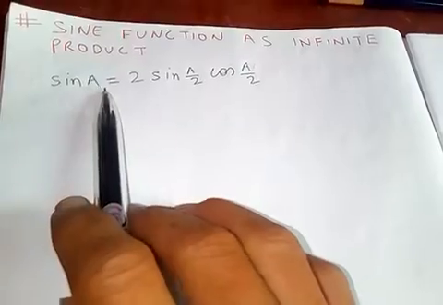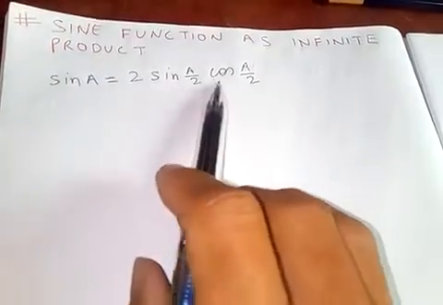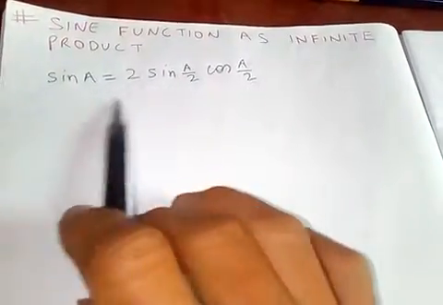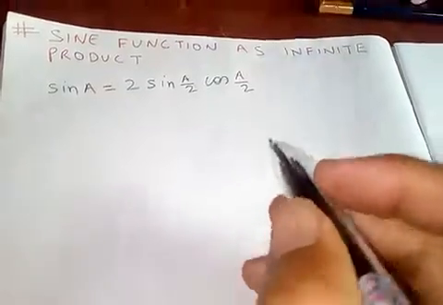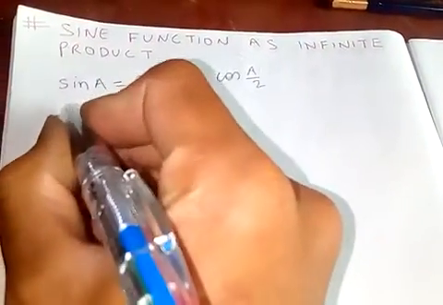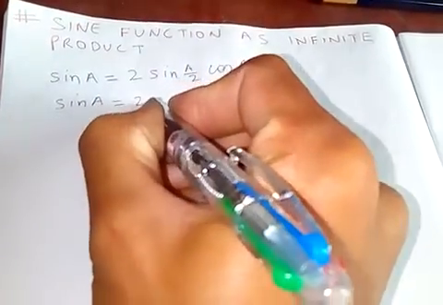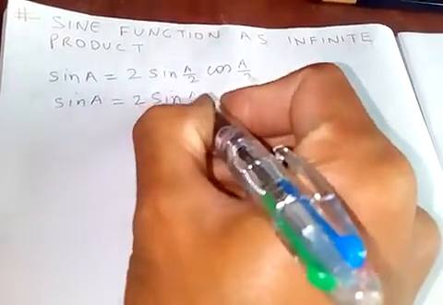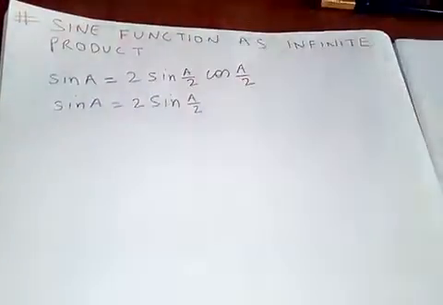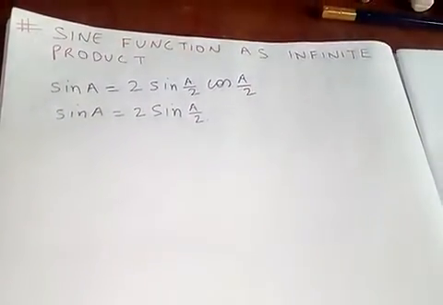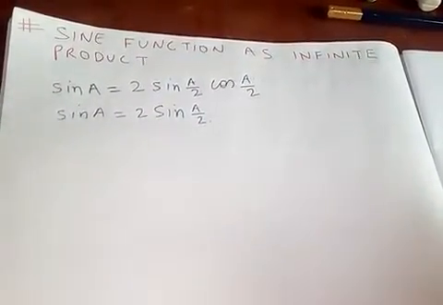So we know sine A is equal to 2 sine A over 2 cos A over 2, which is the multiple angle formula of sine. I don't want cos, so I want it in terms of sine.